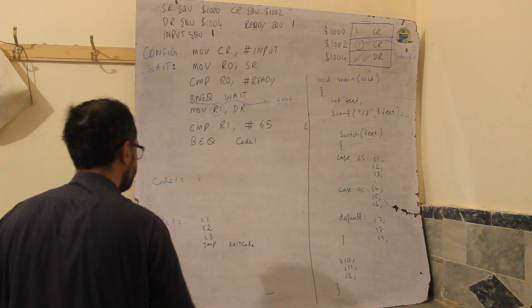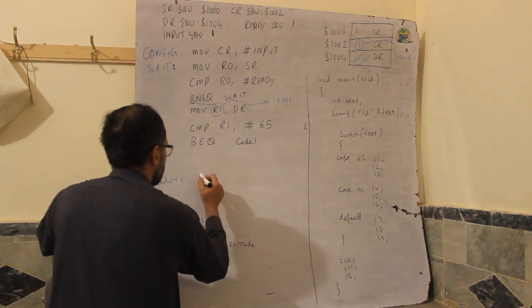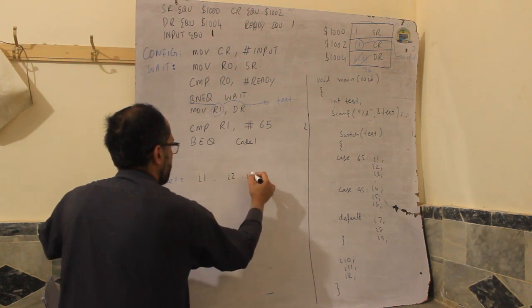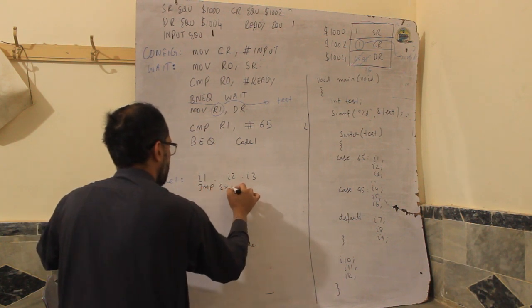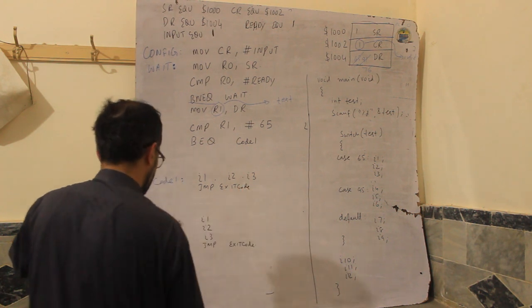Code 1, so I can write I1, then I2, then I3, and then jump exact code.